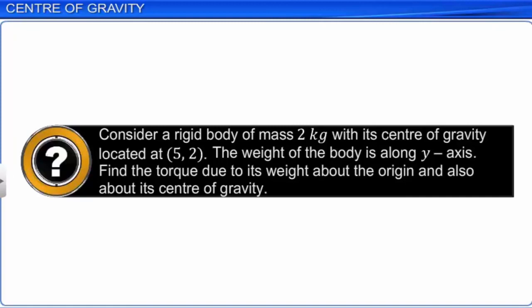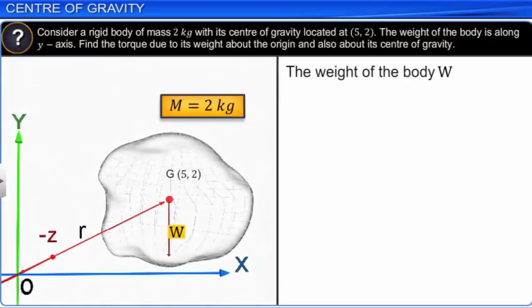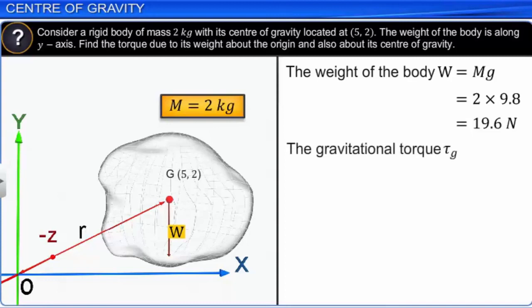The weight of the body W is equal to mg, which is 2 into 9.8, equal to 19.6 Newton. The gravitational torque tau g is equal to R perpendicular into W, which is 5 into 19.6 Newton meter, equal to 98 Newton meter, and acts perpendicular to the plane of the paper and passes into it.